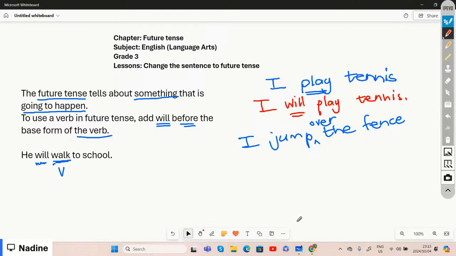Yes, and if we were to change the sentence to future tense from the present tense, we can say, I will jump over the fence. So well done. I will jump over the fence. Yes, well done. And remember, we add will in front of our verb. So well done.